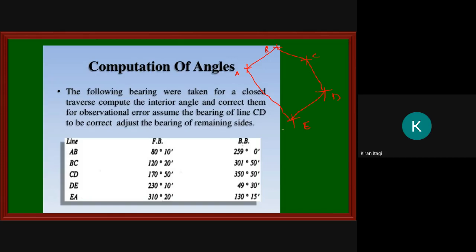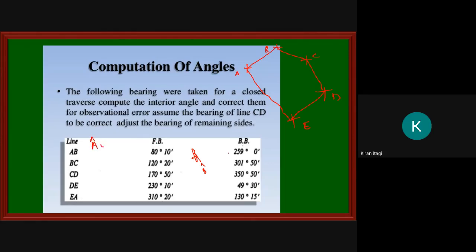Be fast, write down the forebearing and back bearing, because I have already explained how to calculate angle A, angle B, angle C. Can anyone tell what is angle A?